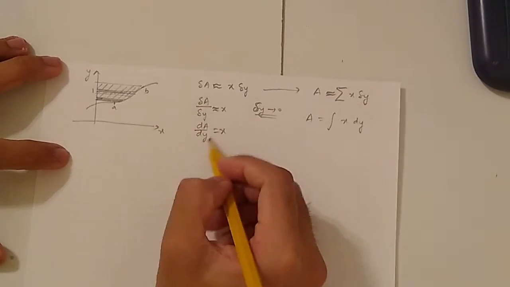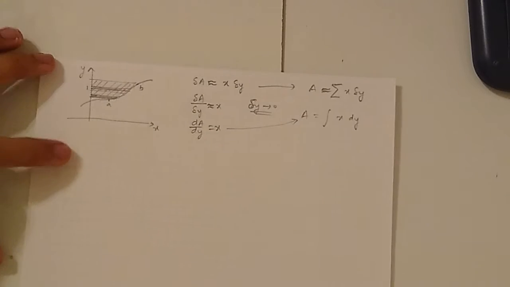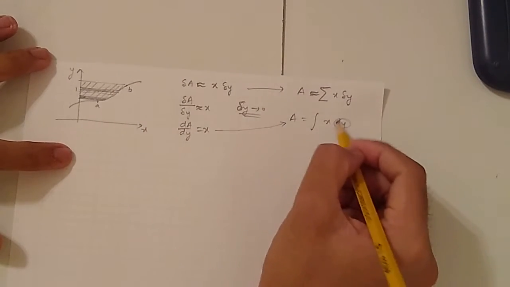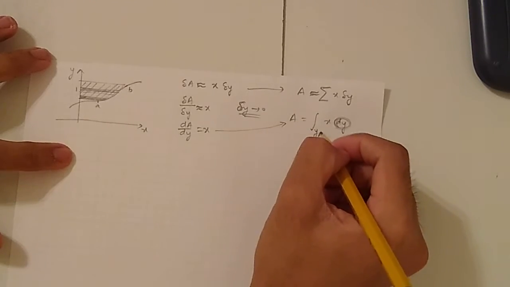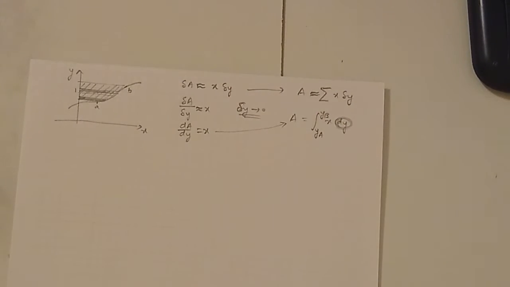When you integrate both sides with respect to y, you get back to this formula, A is equal to the integral of x with respect to y. In this case, since your variable is y, you'll have to use ya till yb. You're using the y version of this formula.